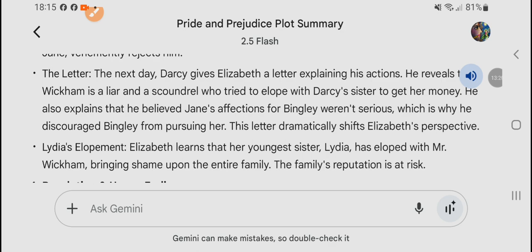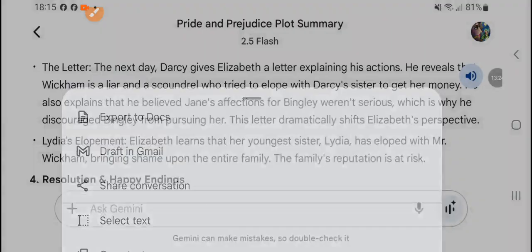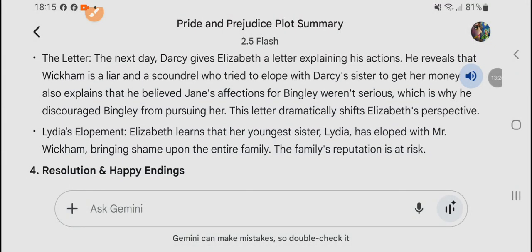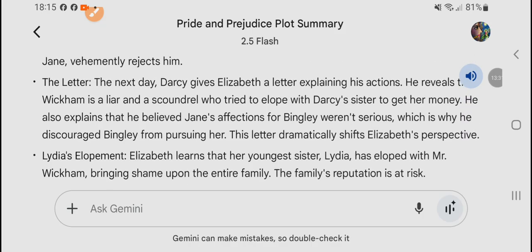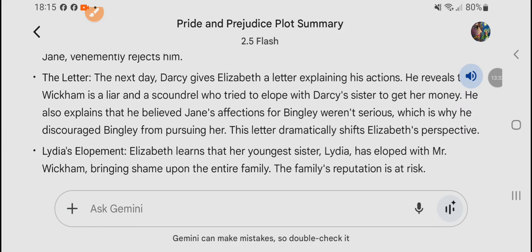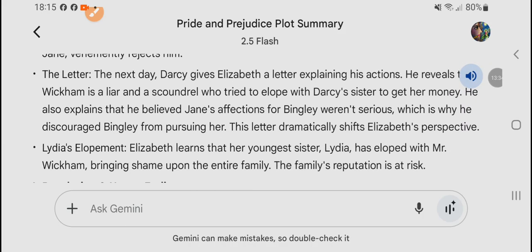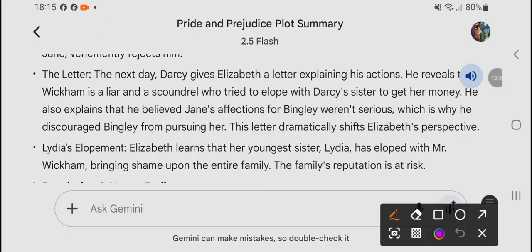Now the letter. The next day, Darcy gives Elizabeth a letter. So Darcy gives a letter to Elizabeth explaining his actions. He reveals that Wickham is a liar. He says that what Wickham has told you is wrong.